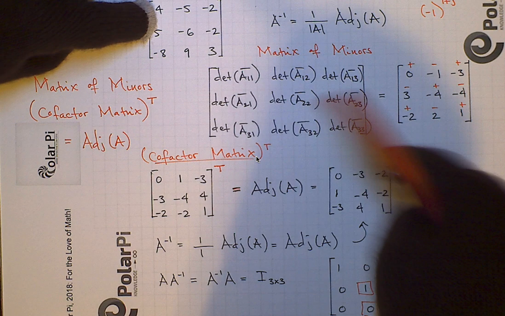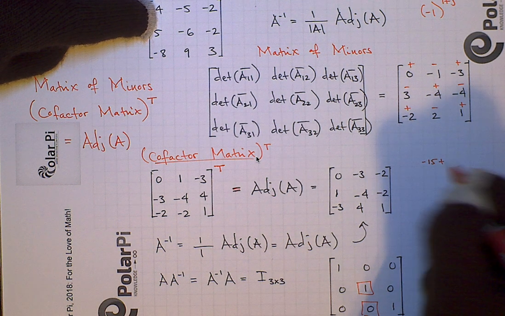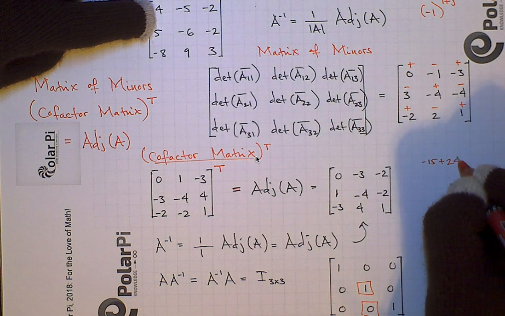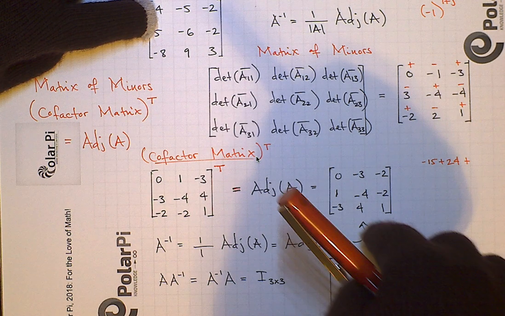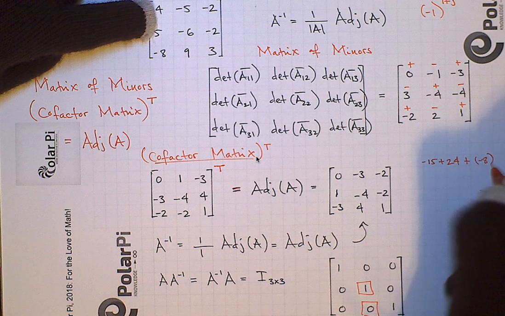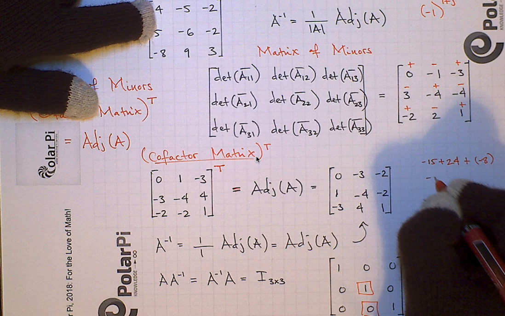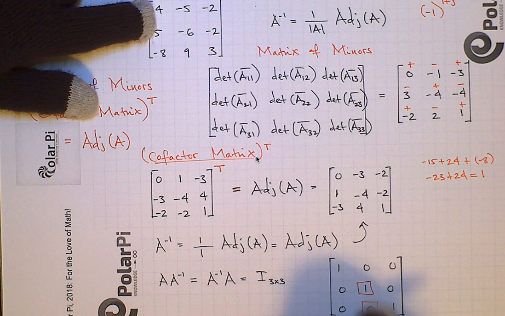So that's 5 times negative 3, which is negative 15, plus negative 6 times negative 4, which is positive 24, plus negative 2 times 4, which is negative 8. Negative 15 plus negative 8 makes negative 23, so I have negative 23 plus 24. That is in fact equal to 1, as we expect.